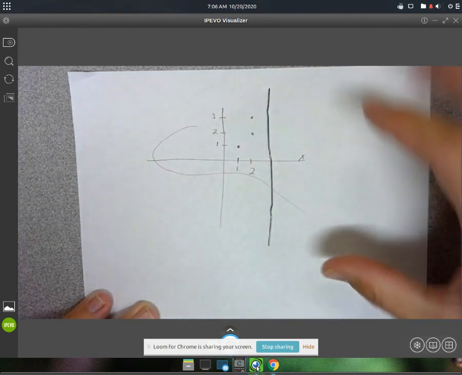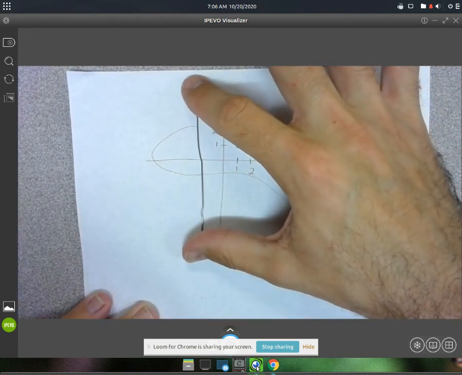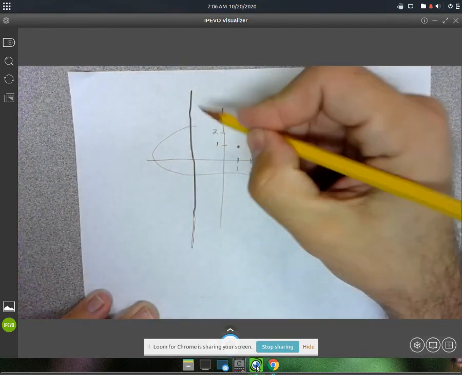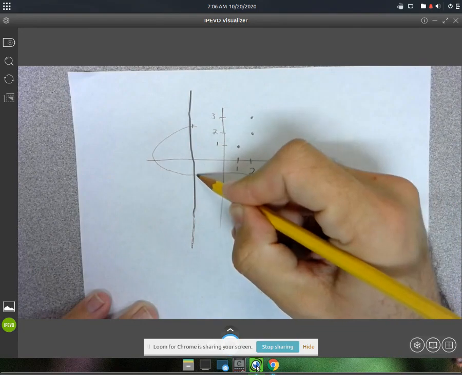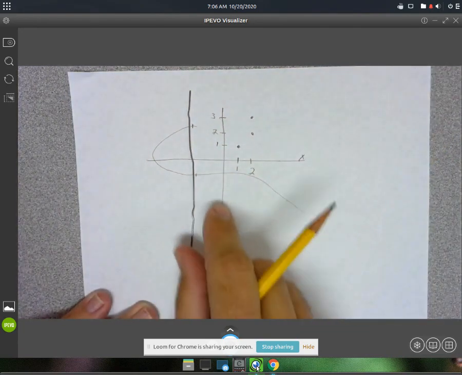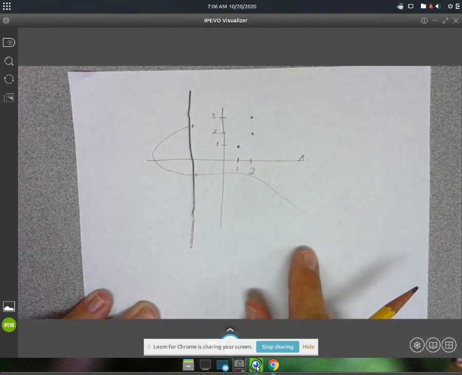But whenever we get up to this portion of the graph right here, this vertical line is crossing there and there in 2 spots. So if it crosses more than once in any spot, then it is not a function.